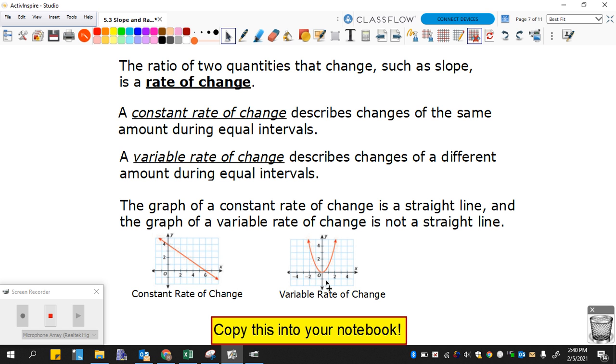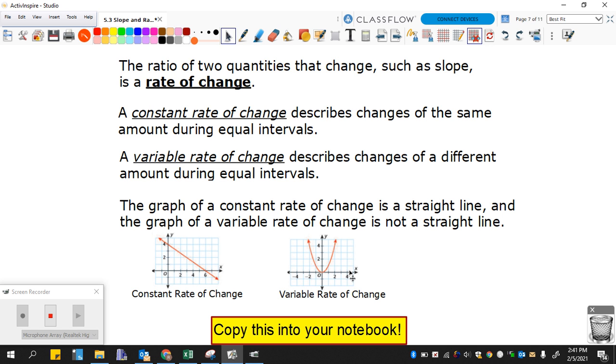It's a variable rate of change because it may drop really fast, and then all of a sudden it'll get to the bottom and it'll start increasing again. Okay, so there are different scenarios of that happening. A constant rate of change is like if you're emptying a sink full of water.